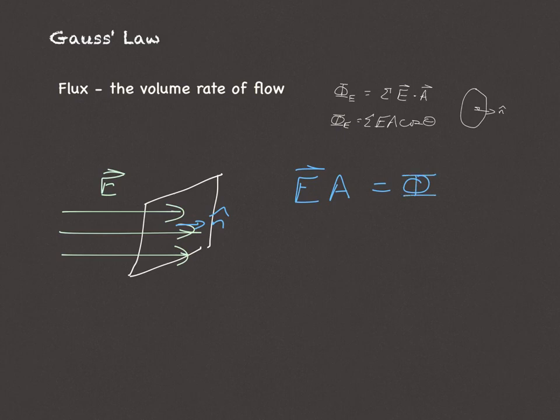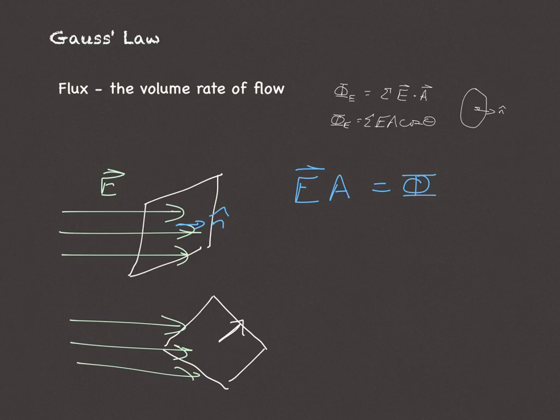If we tilt that object so that the normal is now in that direction, but the field is still going this way, we would have to look at the angle between the direction of the field and the normal.